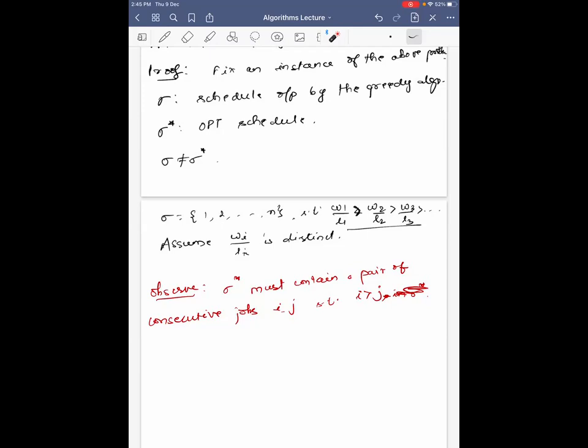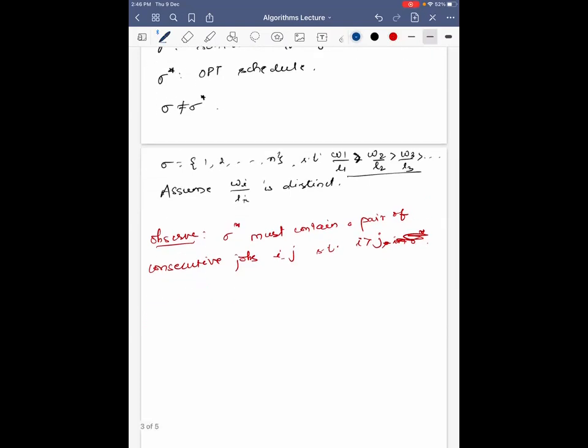Since sigma star is different from sigma, in sigma star you must have a pair of jobs which are executed consecutively, but the index of the first job is more than the index of the second one. Make sense? To everyone, is it clear?